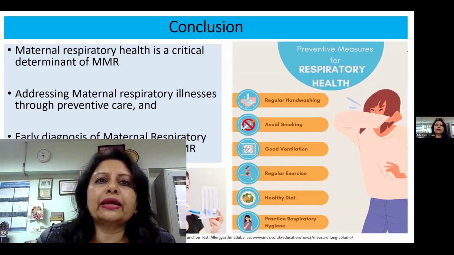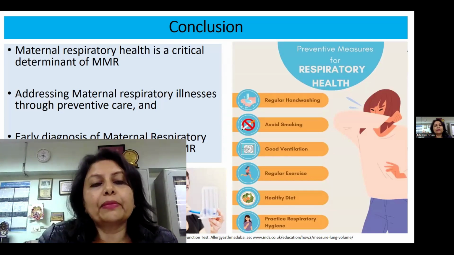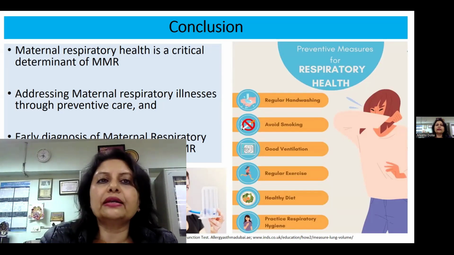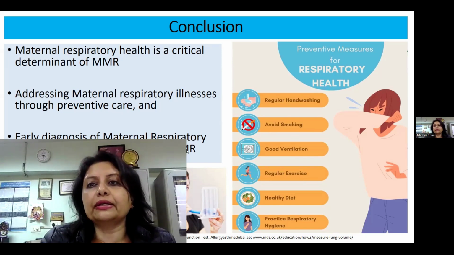So in conclusion, I'd like to summarize and say that maternal respiratory health is a critical determinant of maternal mortality rate. Addressing maternal respiratory illnesses through preventive care and early diagnosis can substantially reduce the maternal mortality rate.